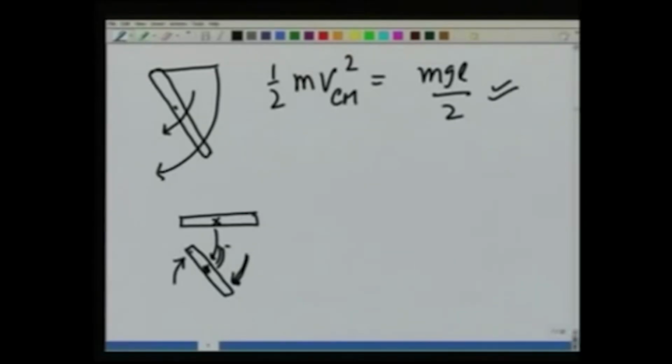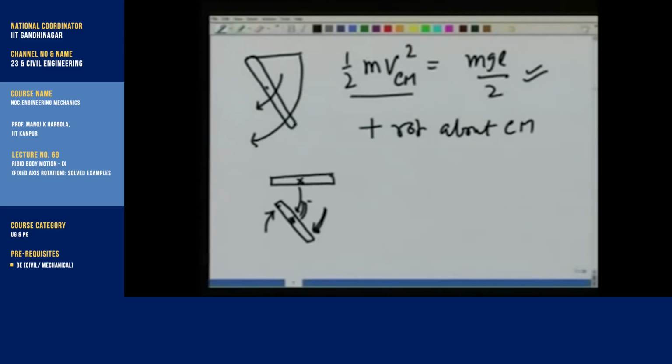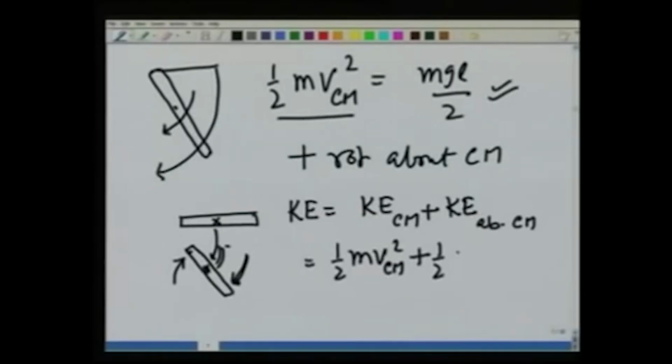So, actually the motion is translation of the center of mass plus rotation about Cm, and if you calculate the kinetic energy, it is always KE of Cm plus KE about Cm. It will come out to be 1/2 m Vcm square plus 1/2 I about Cm, which will be m L square over 12 omega square.